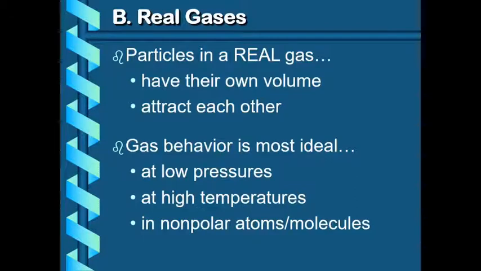So for a real gas, you're going to talk about things that are typically hydrogen bonding is going on. Definitely the dipole-dipole because they're the heavier molecules. So for an ideal gas, you are looking for a non-polar substance, preferably, to get that gas behavior.